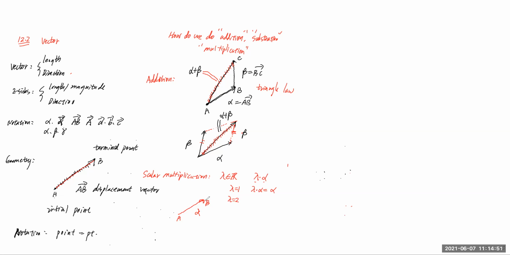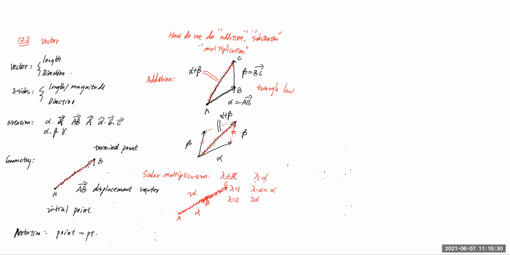You copy alpha: you move A, B to this place and get B, C. The length is the same. This is 2 alpha. You put two alphas together: you first walk alpha, and then you continue to walk alpha.